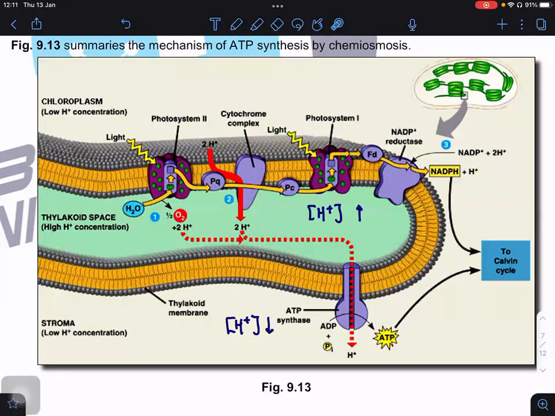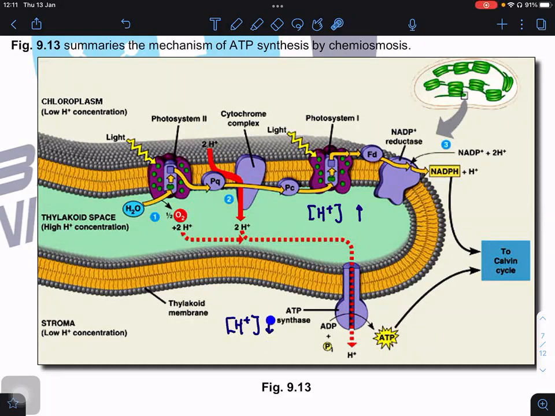Okay, clear? Recall what we learned during respiration. You see that they are the same: chemiosmosis. A quick recap. First, electrons pass through the electron transport chain and energy is released. This energy is used to pump protons from the stroma into the thylakoid space. At the same time, photolysis of water releases protons. Therefore, proton concentration inside the thylakoid space is high and at the stroma is low.